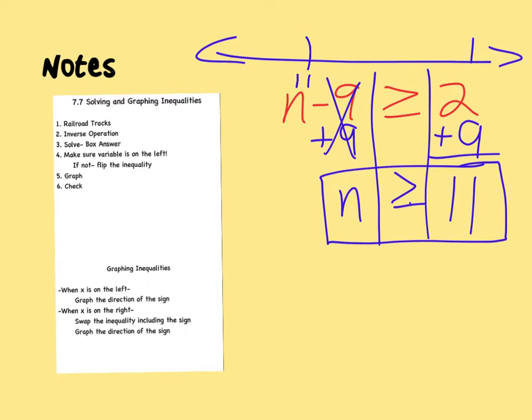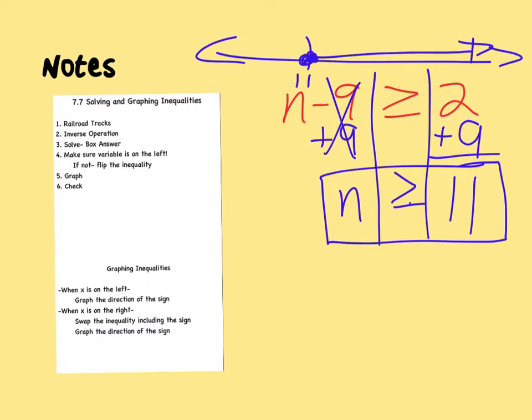So let's say that's 11. And it says it's greater than or equal to 11. It's greater than or equal to. So we're going to fill it in with a whole circle, right? And our arrow goes this way. And that is how you graph it.